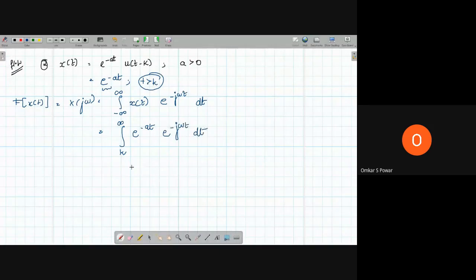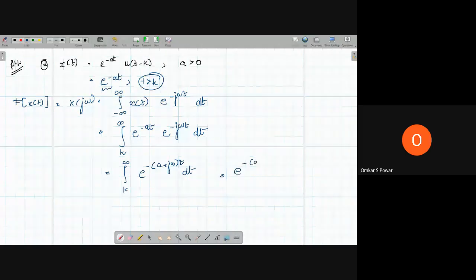So how can you simplify this one? Integral from k to infinity of e power minus (a plus jω) into t dt. What is the integration of this one? E power minus (a plus jω)t divided by minus (a plus jω), varying from k to infinity.